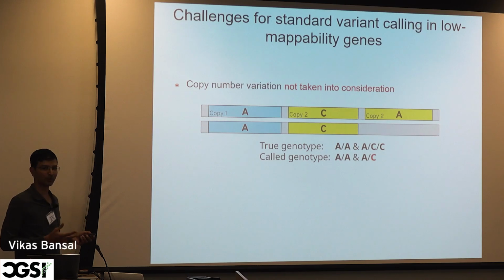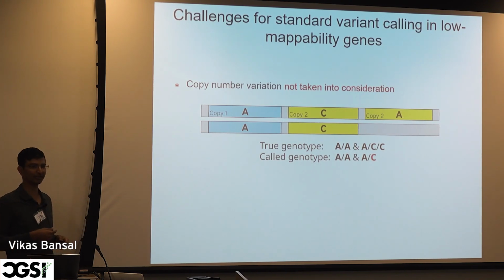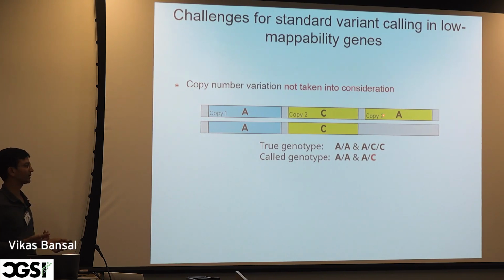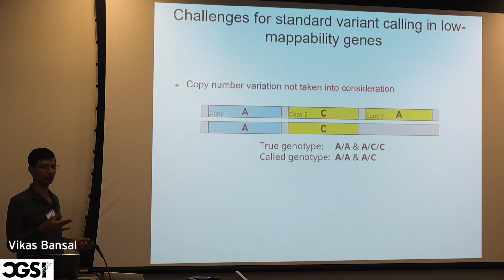And why is this problematic for variant calling? Because variant calling assumes that you have diploid, so two copies of every chromosome, every region. But if you have, in this case, 3 copies of this sequence, then your genotyping is going to be incorrect because you are trying to fit the read counts observed from the 3 copies onto a diploid genotype.